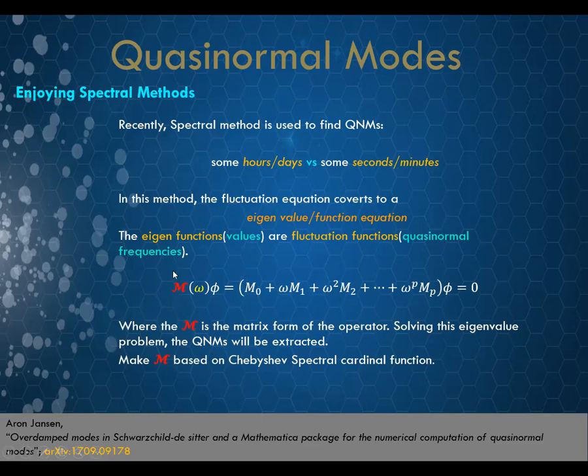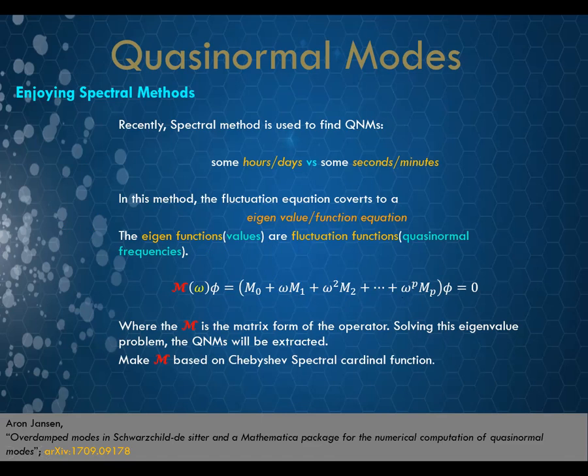In this view, you convert the differential equation to this form, where M is a matrix operator acting on the unknown function, which could be written down in this form based on the rank of the power of omega in a given fluctuation equation.